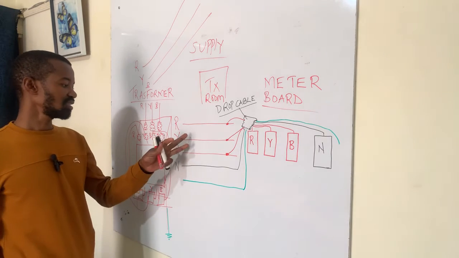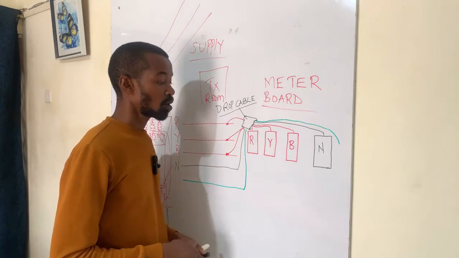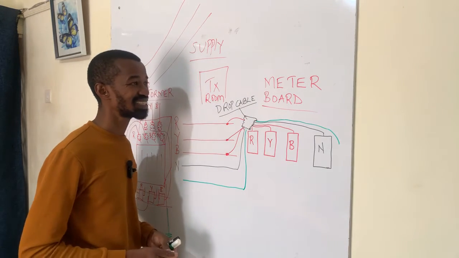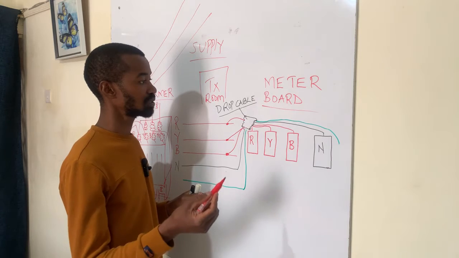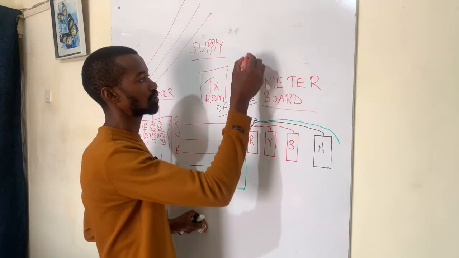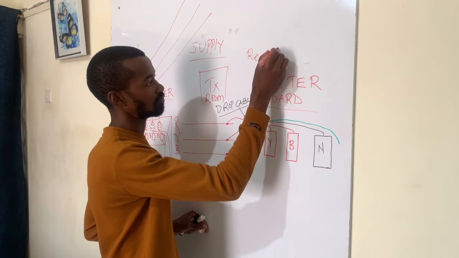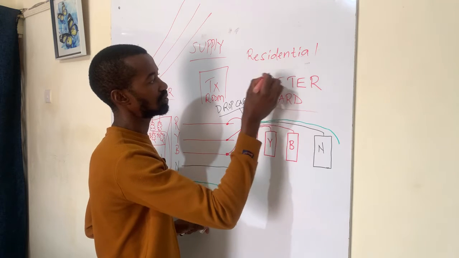So this is at the apartment level, and then we might say that we have several units in that apartment. Let's say we are taking a residential apartment, let me just write it here for clear understanding.